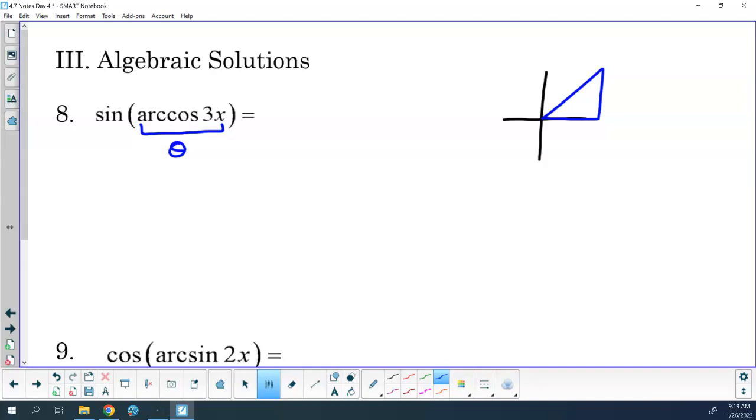So remember, cosine is adjacent over hypotenuse. So I'm going to say that the adjacent side is 3x and the hypotenuse is 1. And I can do that because I could write this in fraction form.